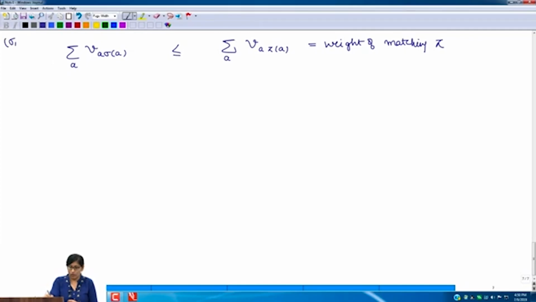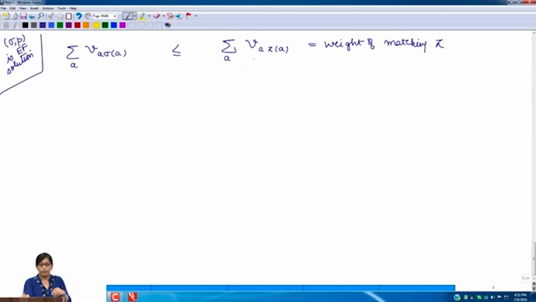Remember that I've assumed sigma comma p is NV free. So sigma is some matching. I want to show that given a maximum weight perfect matching, it can be coupled with a price vector to make it an NV free solution.